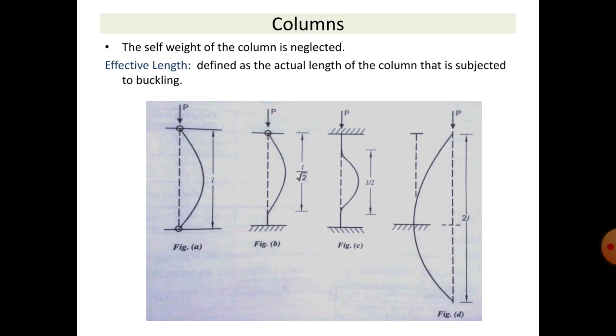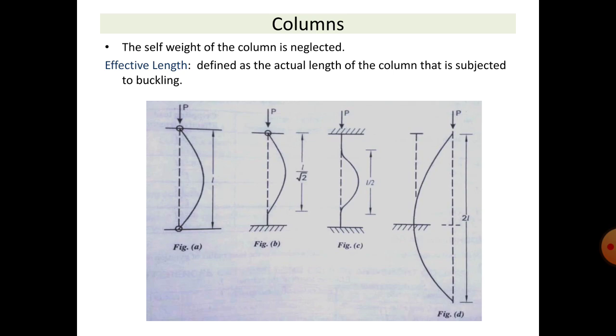Okay, so next is effective length. So what is that effective length now? As we know, the effective span of the beam is the center to center distance between the supports. In the same way, in columns there is an effective length. We can define it as the actual length of the column that is subjected to buckling.